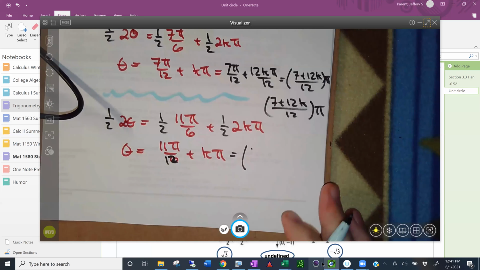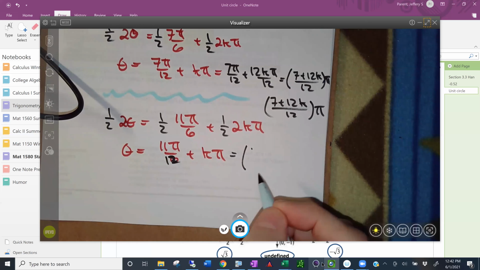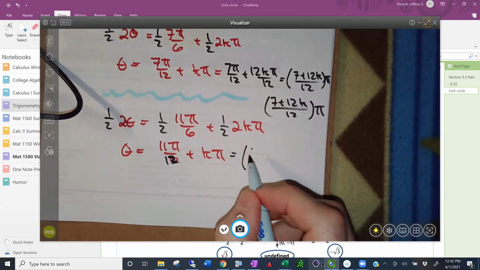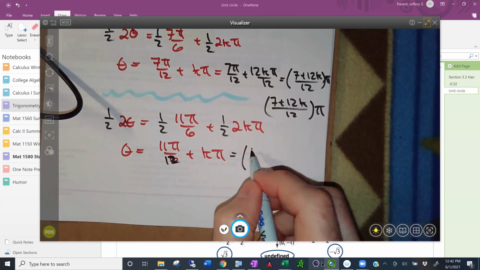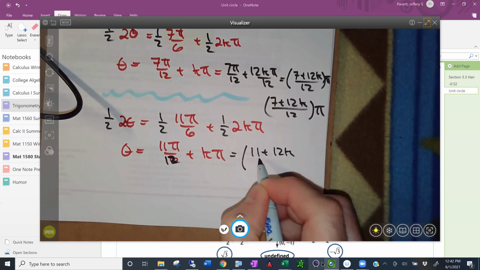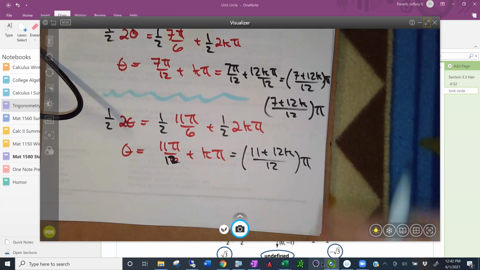Yep. So good thing you caught me before I finished pausing on this. So this is going to turn out to be 11 plus 12k over 12 times pi. So both of these are going to be your general solution here.